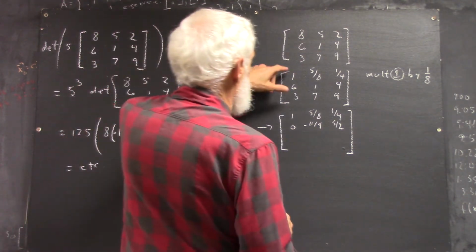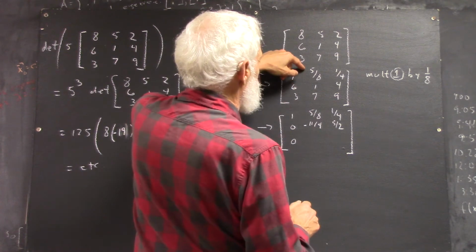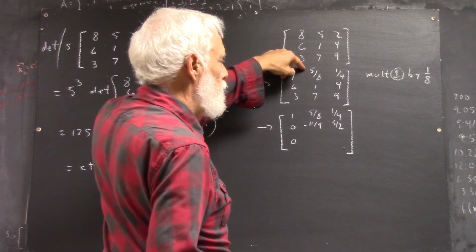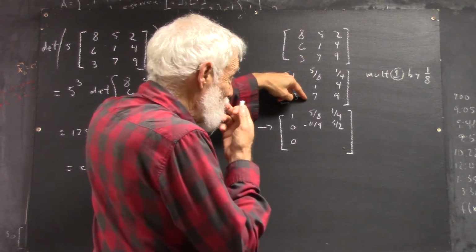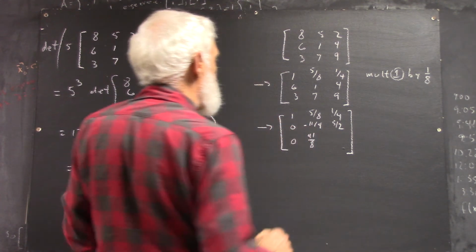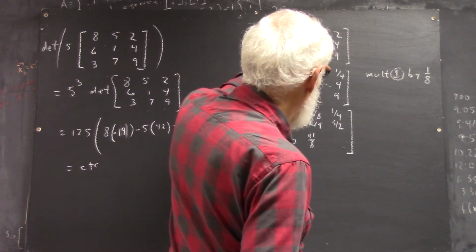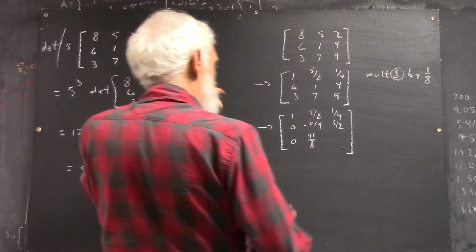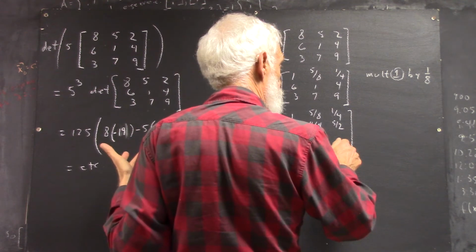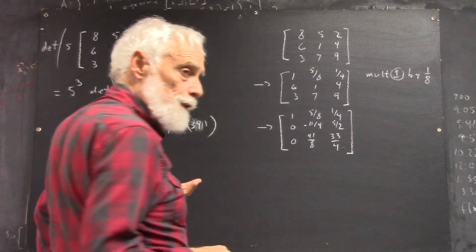Okay, so then subtracting 3 times the first row, I'm going to get 0. And 3 times this is going to be -15/8, and that's 56/8, which is going to give us 41/8. And then 3 times this is 3/4. -3/4 and 9 is 8 1/4. And I'm going to write that just as 33/4. Okay?